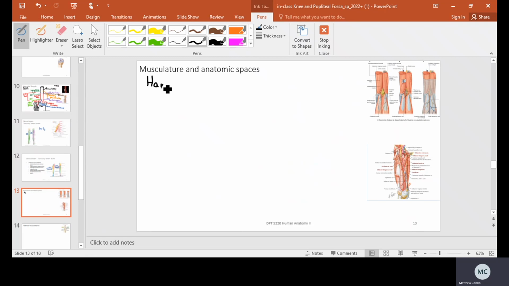Hamstrings is a layman's term. As a group, my hamstrings are going to do 2 things. Hip extension, knee flexion. Okay, nice and easy.